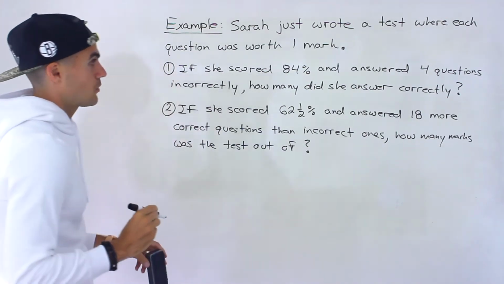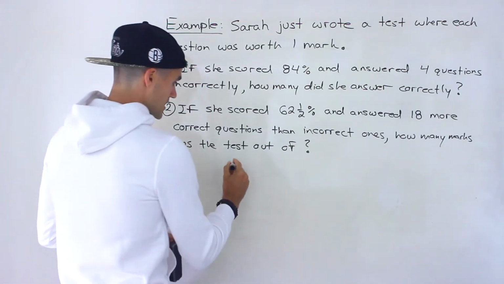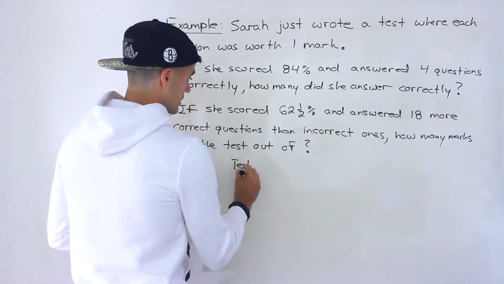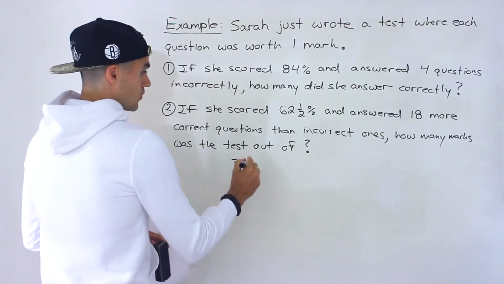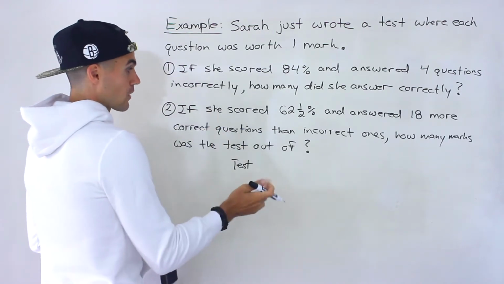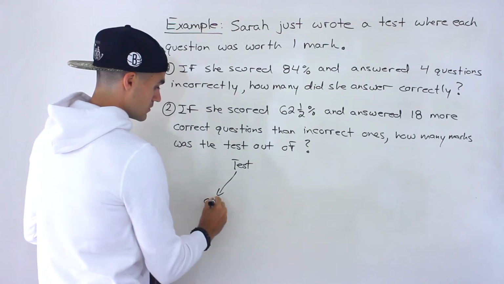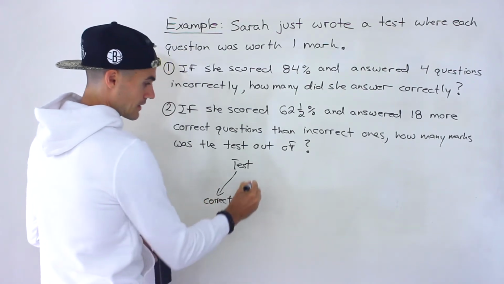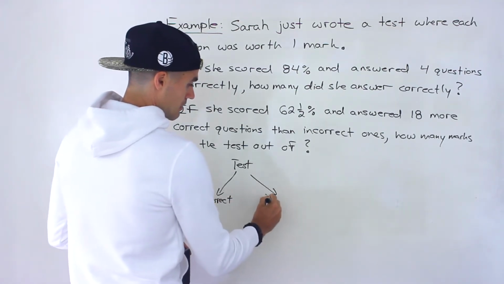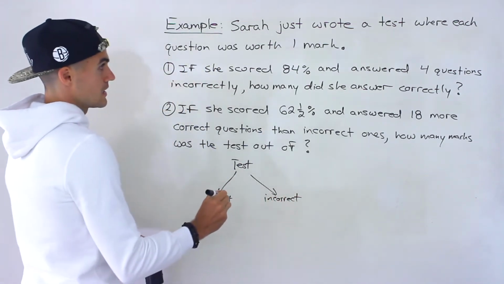So starting with number 1 here, we're told that she wrote a test. She scored 84% on it and she answered 4 questions incorrectly. So she wrote a test and she had correct answers and then incorrect ones.